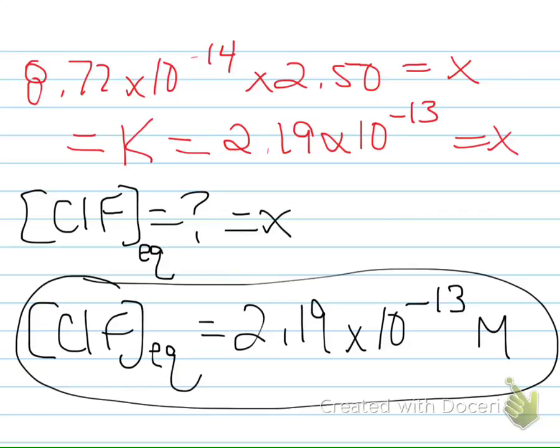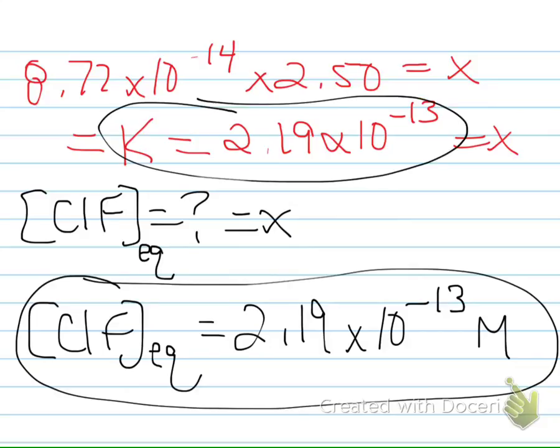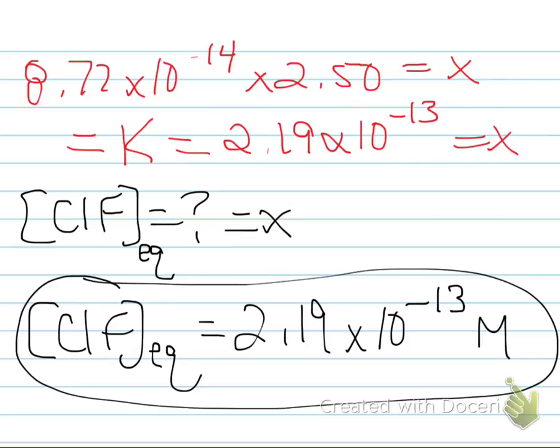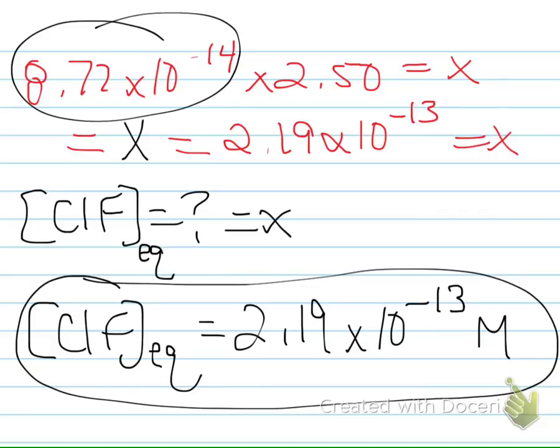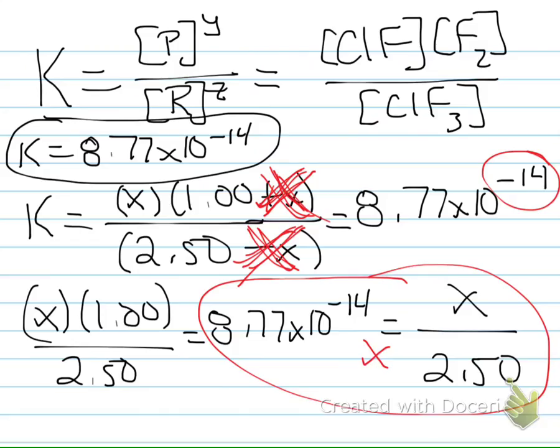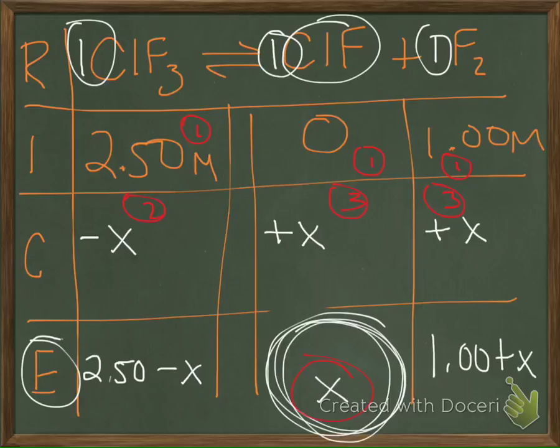In a quick recap, this is how we want to solve for an equilibrium concentration of a certain product or reactant when we are given the equilibrium constant value. Excuse me, I made a mistake here. This is going to be your x. So when you have a K value, which is here, and you have initial concentrations, we can solve for any equilibrium concentration using this x technique, as we can see here.